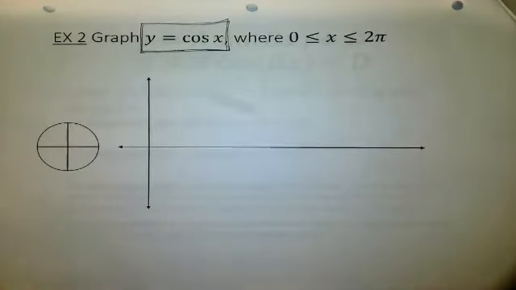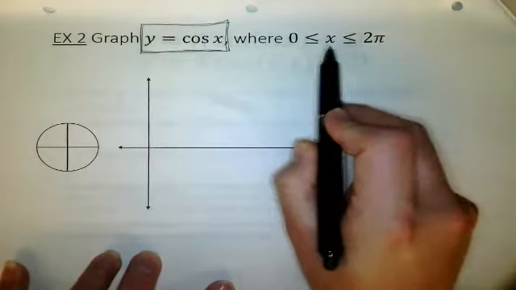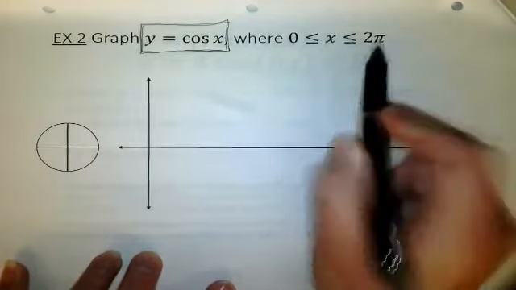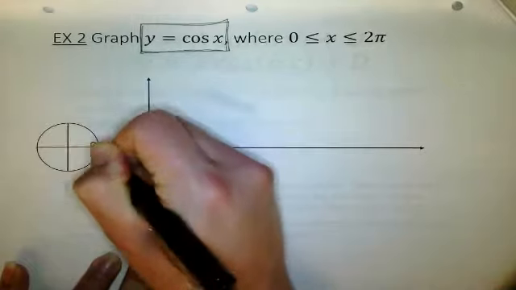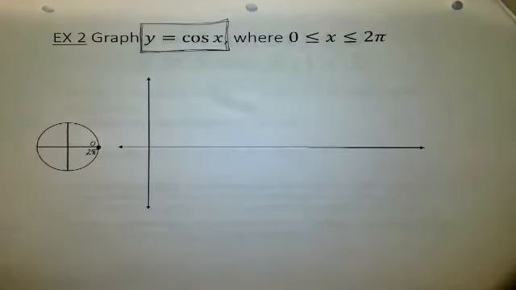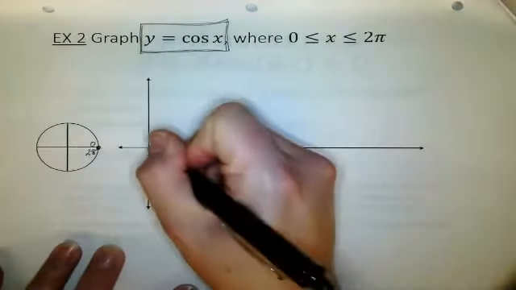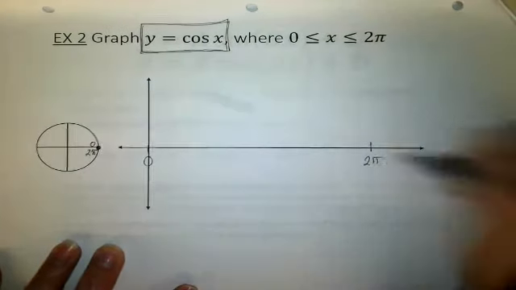And again, we're doing one rotation of our circle. So our angle is measuring from 0 to 2 pi radians. So again, we're starting at 0 radians and we're going to go all the way around one rotation of our unit circle from 0 to 2 pi. So again, I want to start at 0 and way down here, I'm going to end at 2 pi.